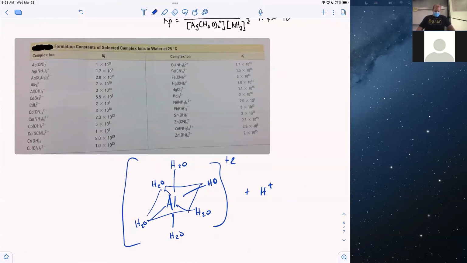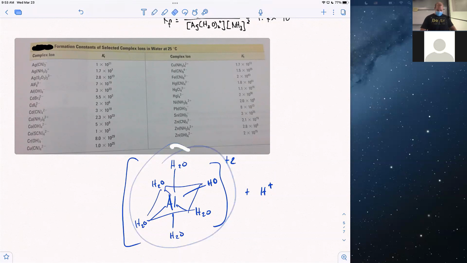I mentioned before how aluminum, for instance, can actually become an acidic salt, and it's because it reacts with water in this fashion.